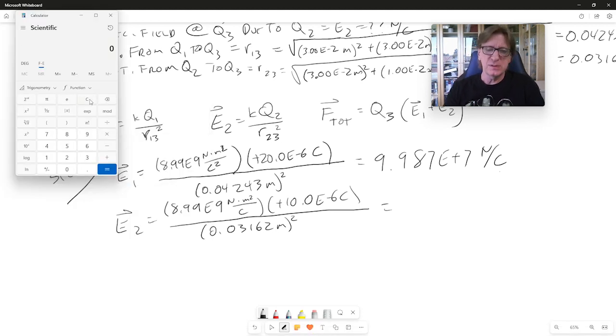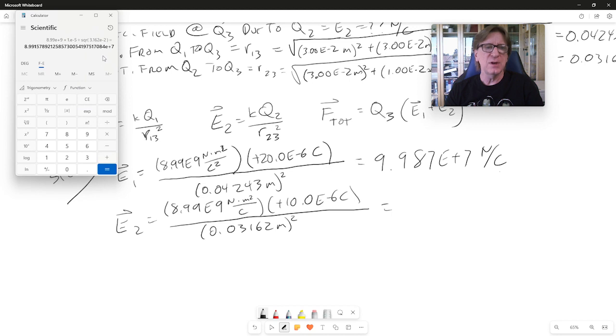All right, let's bring up the calculator and figure out what this one is. So we have 8.99 e to the 9 times 10.0 e to the negative 6, divided by 0.03162 squared.